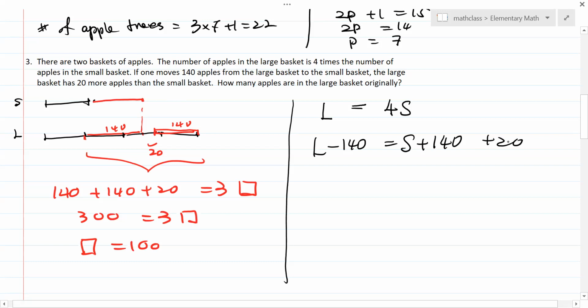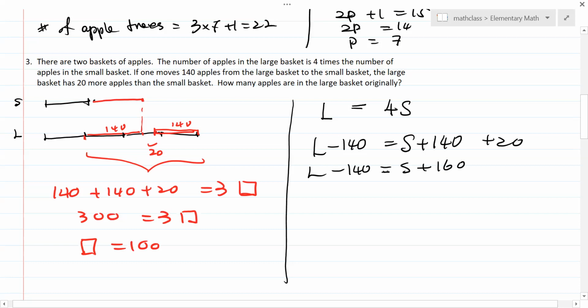Then you're trying to solve it. And how do you solve it? It looks pretty complicated, right? Well, you can simplify it a little bit. This is going to be L minus 140 equals S plus 160. So you can just use a subtraction.